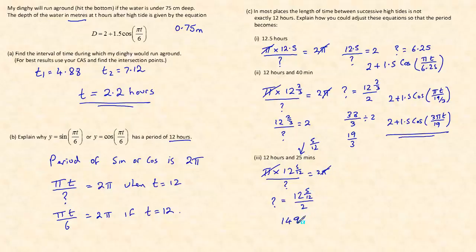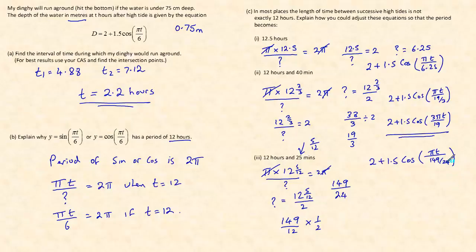So 149 over 12 divided by 2 is the same as multiplying by a half. So that's going to be 149 over 24. So our function will be 2 plus 1.5 cos pi t divided by 149 over 24.